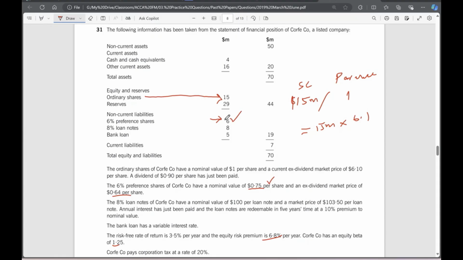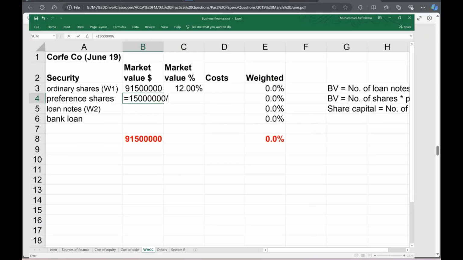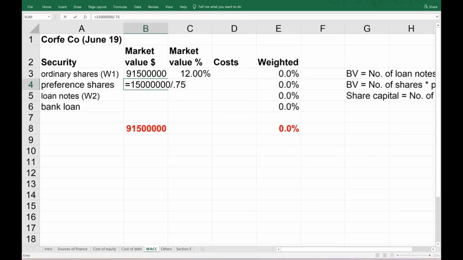So 6 million into 0.64 divided by 0.75, right? This is what you did. So 15 million divided by par value to find the number of preference shares, 0.75, sorry.